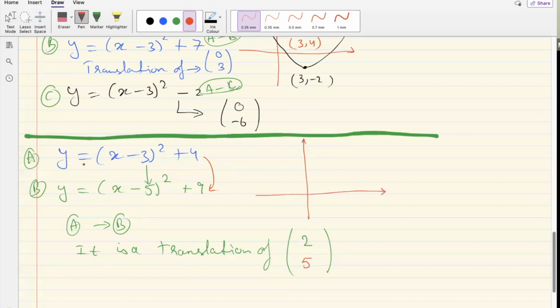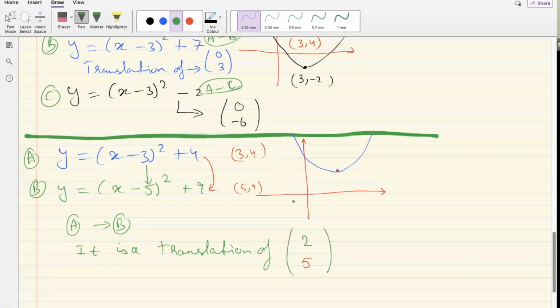So if we sketch y is equal to (x minus 3) squared, I know that the turning point is (3, 4), and the turning point in the second equation is (5, 9). Let me say this is the first graph, and let's use the same color for easy comparison.